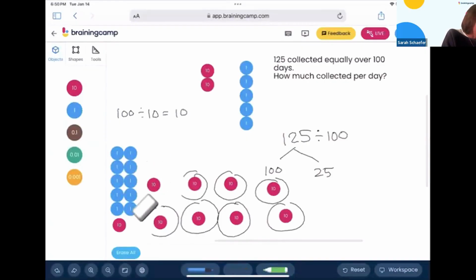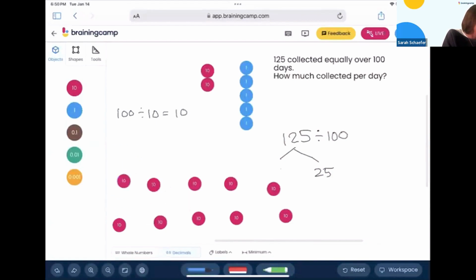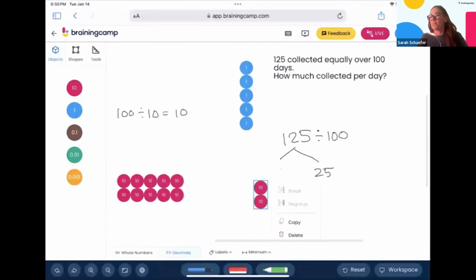All right. So what are we going to do with the 25? Any ideas? Go ahead, put it in the chat. All right, 20. So I can see 20.